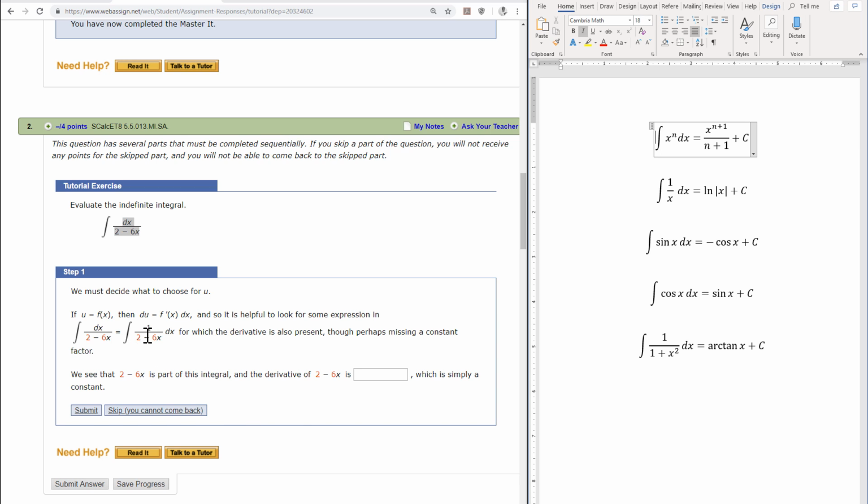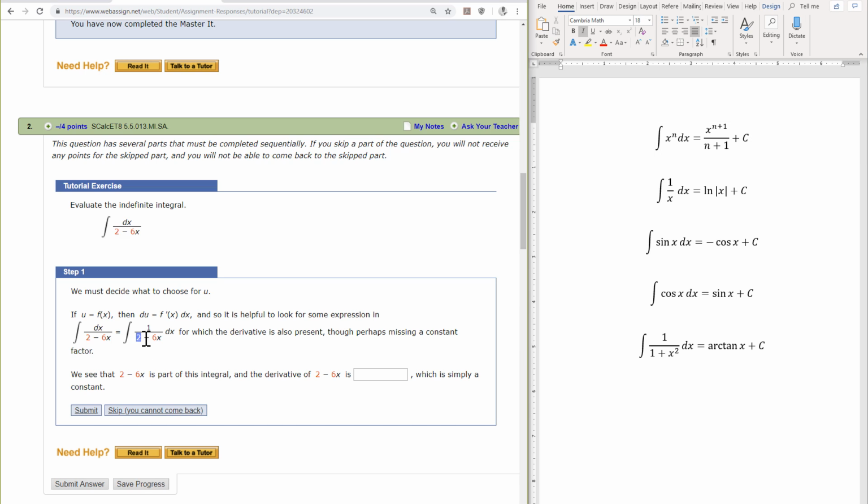Okay, so they say here look for some expression for which the derivative is also present, though perhaps missing a constant factor.